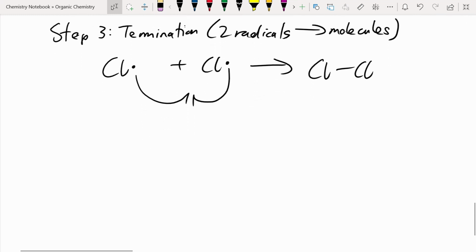And then what we have next is termination. So termination involves two radicals forming a molecule, and that's how you stop the reaction, because you prevent even more radicals from continuing to react with molecules in the propagation step to form even more radicals. So in this case, to stop the reaction, you have these radicals react with each other. This is one of the ways, chlorine radical and chlorine radical. Then another way is you have your chlorine radical and another one of these radicals.